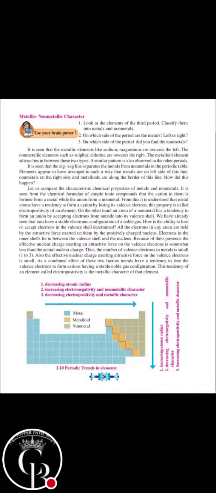That property is called the electropositivity of an atom of an element. On the other hand, an atom of a non-metal has the tendency to form an anion by accepting electrons from outside into its valency shell. Ions have a stable electronic configuration like the noble gases.